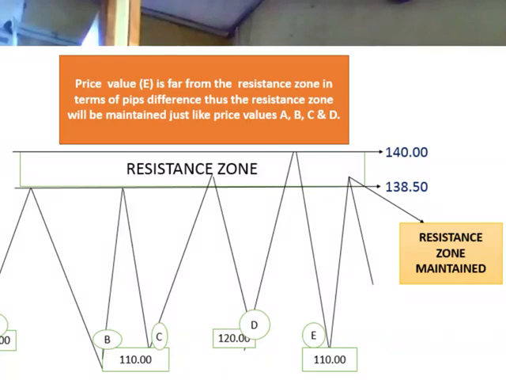The implication is that there is no exact value but a price zone, a resistance zone, which is between 138.50 and 140.00. When price touches either a resistance zone or support zone and it moves further away before coming back to retest it, it is more likely that the zone will be maintained.